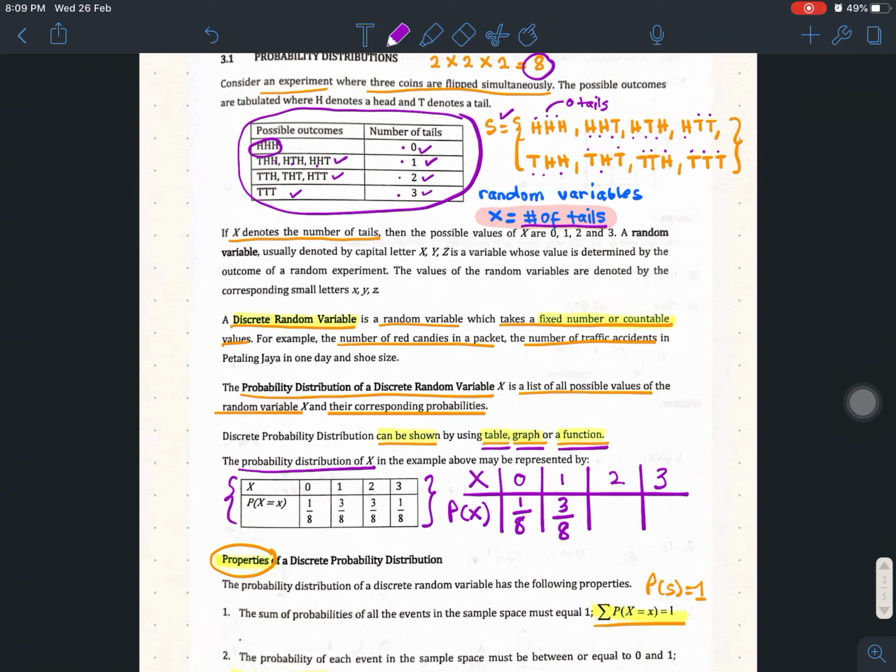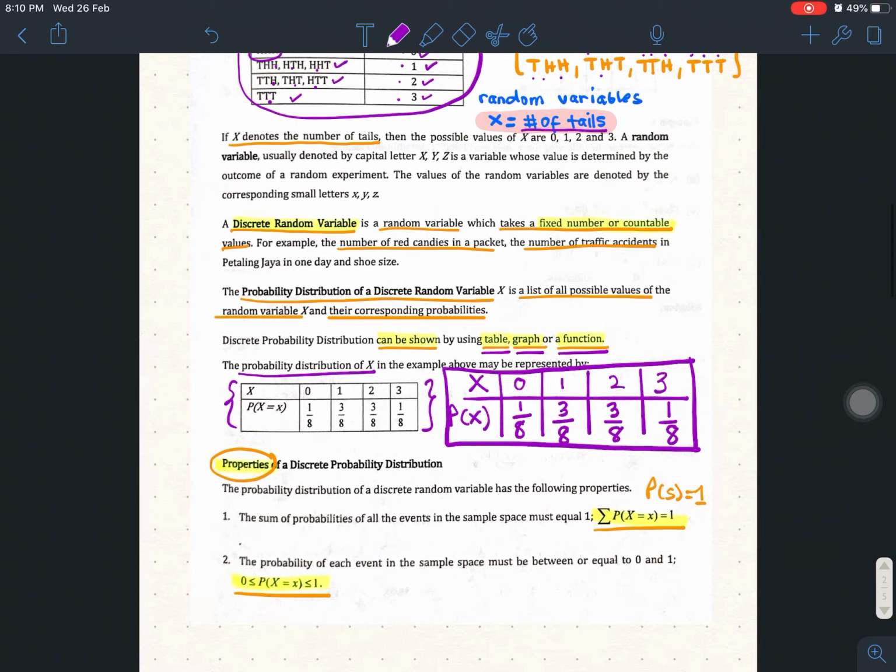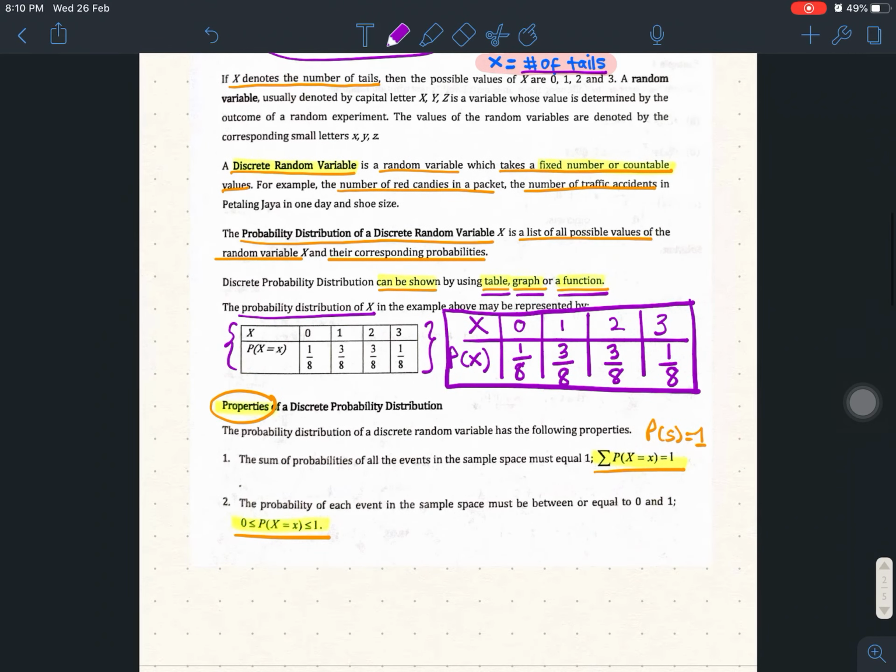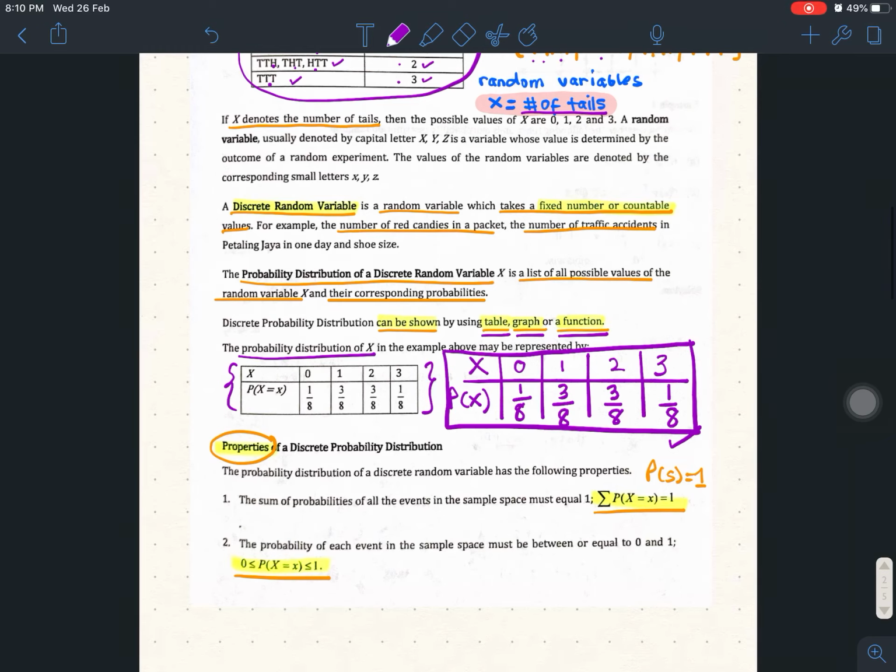For 2, still the same, 1, 2, 3, so 3 over 8. And for 3, you have only 1, which is tail, tail, tail, so this is 1 over 8. There you are, you already have your table. My table might not be nice, but it is still a table. This is how you do a probability distribution of X in table form.